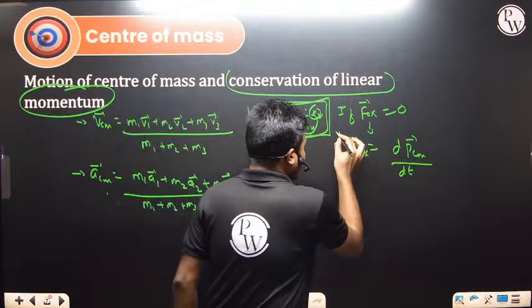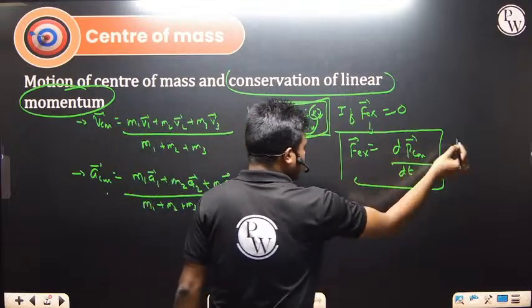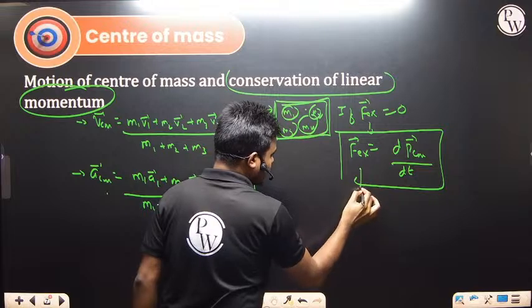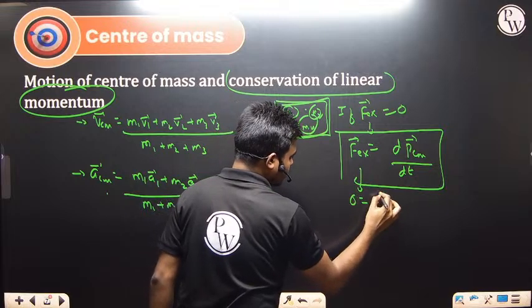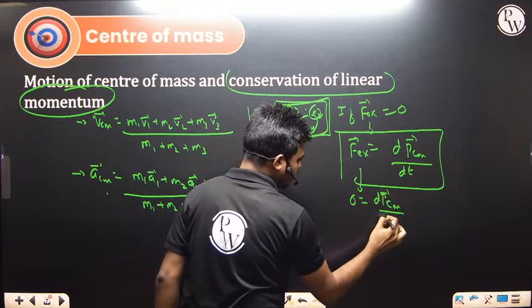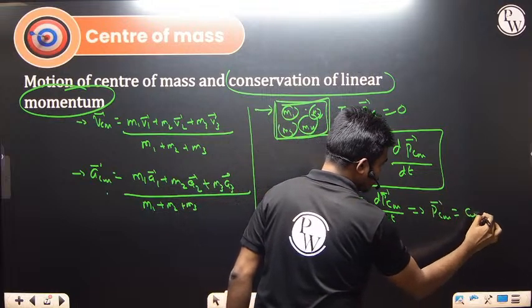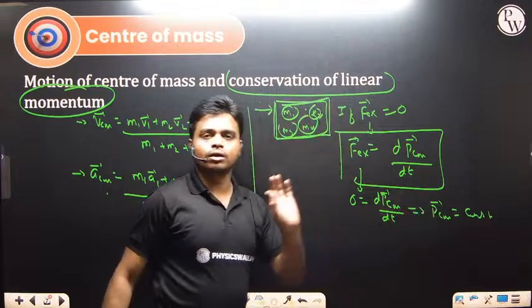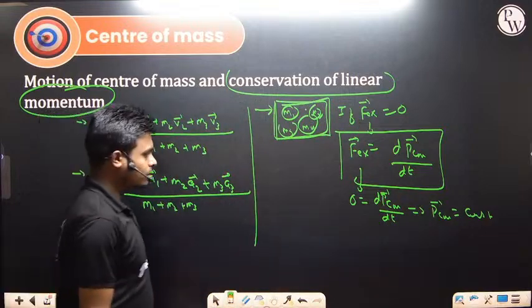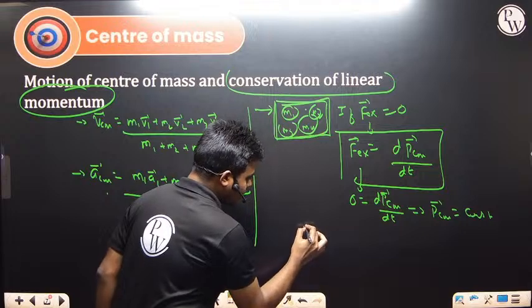So this particular term is 0. If this one is 0, so dpcm by dt is 0. So from here I can write pcm is equal to constant. Because this is 0, the momentum of center of mass will be constant. So what is linear momentum of center of mass?